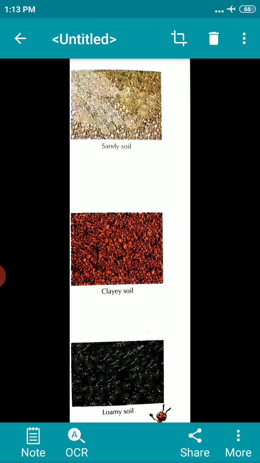It has a greater proportion of clay particles, and the clay particles being much smaller, they pack tightly together, leaving little space. Water can be held in the tiny gaps between the particles of clay. So clay soil is heavy.